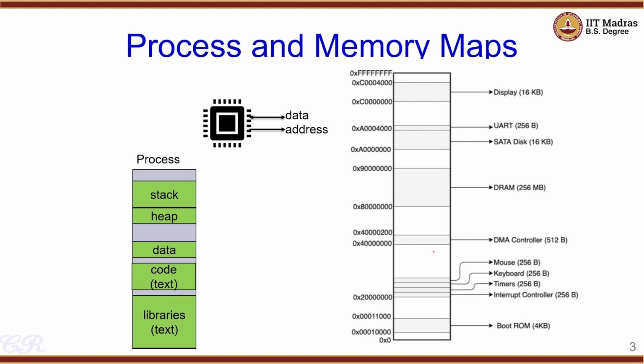So coming back to this, we have the processor, and it has various output pins, and an important set of these pins are the addresses and corresponding data pins. As we've seen in the previous videos, everything within a computer system has an address, and we looked at this memory map. Similarly, when you're running a program and you create a process, there are addresses associated with each part of it.